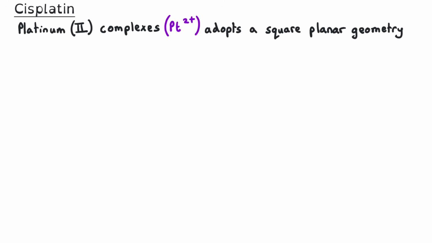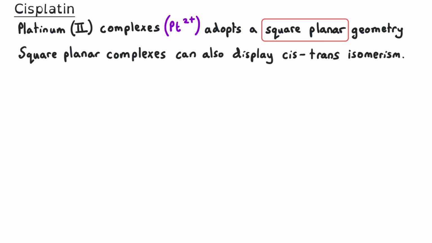It isn't only octahedral complexes that display geometrical isomerism. Platinum-2 complexes adopt a square planar geometry rather than tetrahedral, since this is more stable due to the electron configuration of the platinum ion. And square planar complexes can also display cis-trans isomerism.